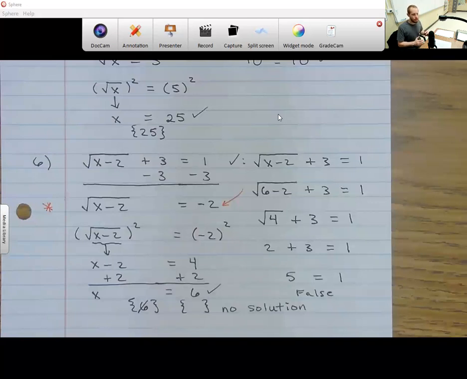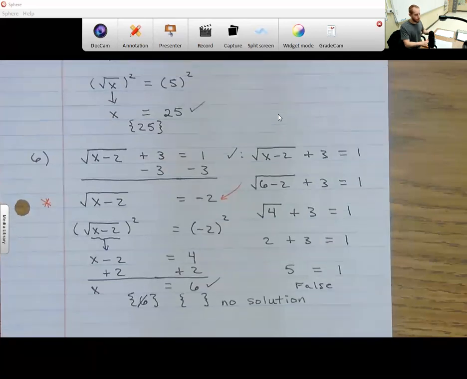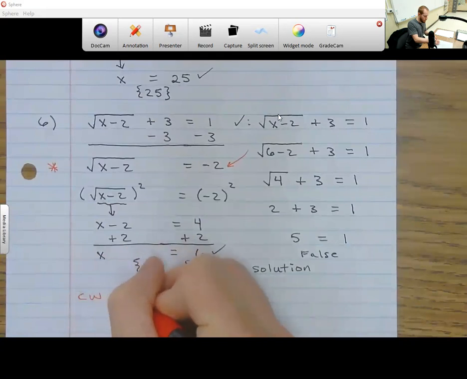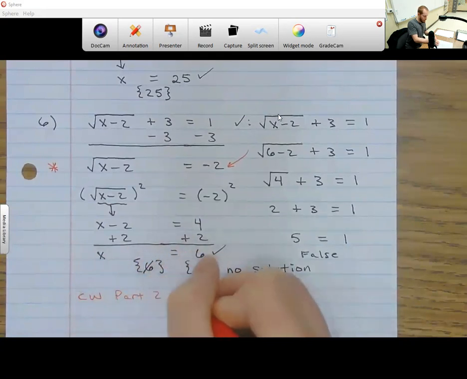And whenever you see a negative number on the other side of a radical, you will know now that that is no solution. Okay? And in your second classwork, in your classwork part 2, there will be a no solution for one of them.